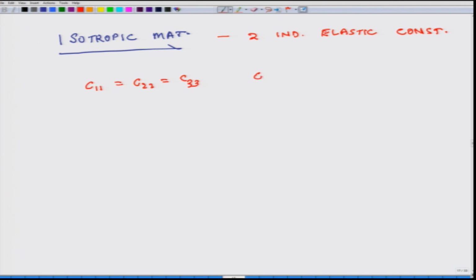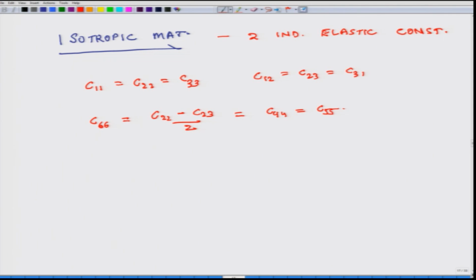C12 is equal to C23 is equal to C31, and then C66 is equal to C22 minus C23 divided by 2, and this is equal to C44 is equal to C55.